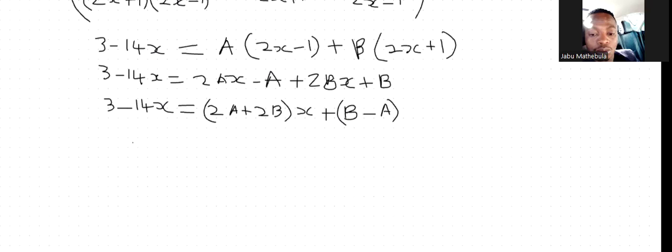So this means that 2a plus 2b is equal to negative 14. And the 3 will equate with the b minus a, right? So meaning that b minus a we equate with 3.